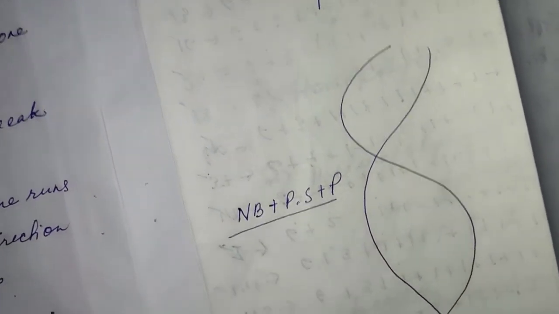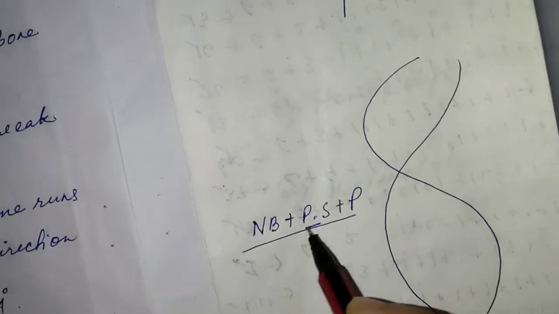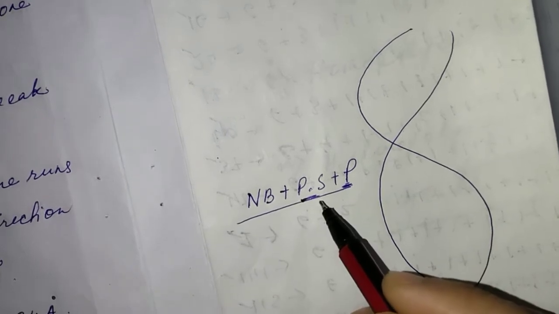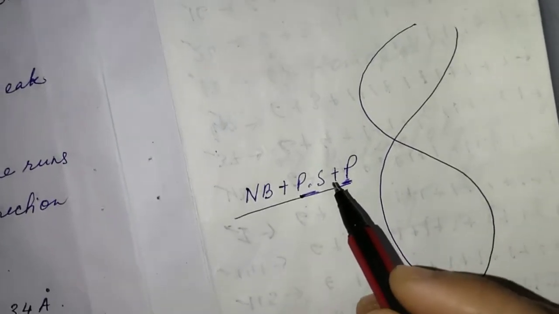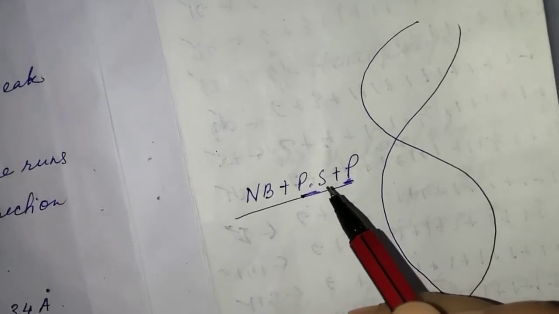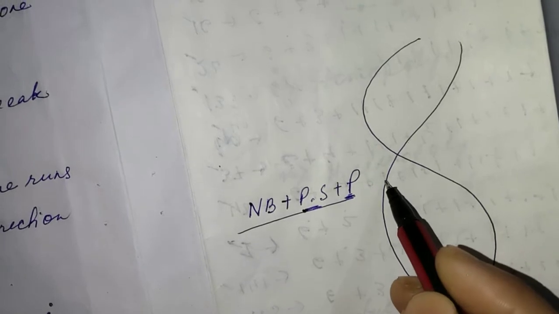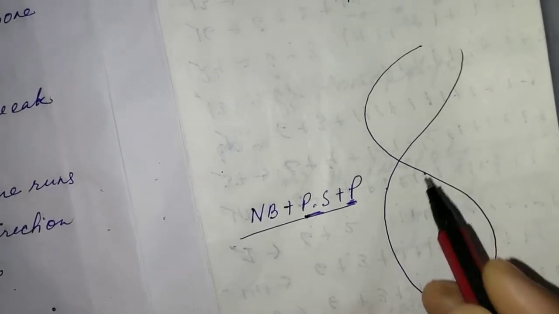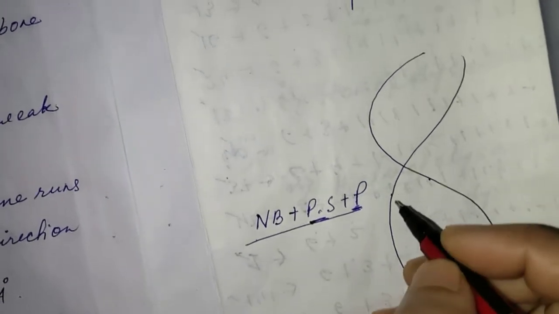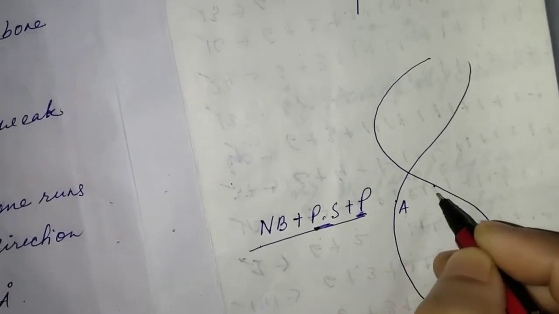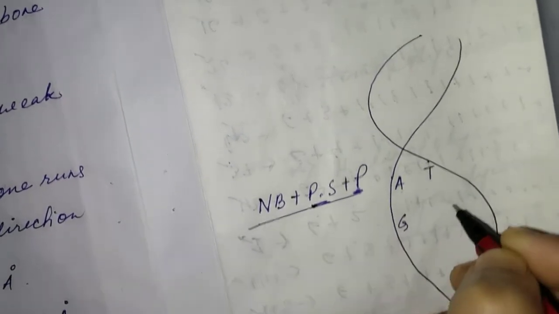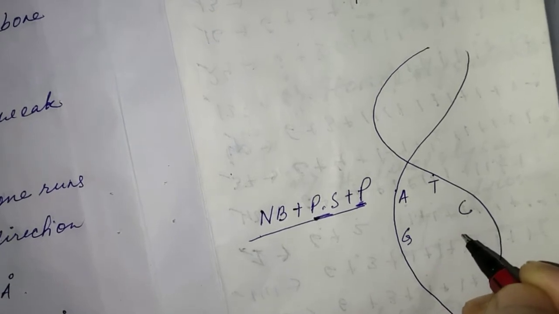So here sugar and phosphate, these two units form the backbone of the nucleic acid, and the bases form the center. At its central point, nitrogenous bases are present, like adenine, thymine, guanine, cytosine. How? I'll show you.